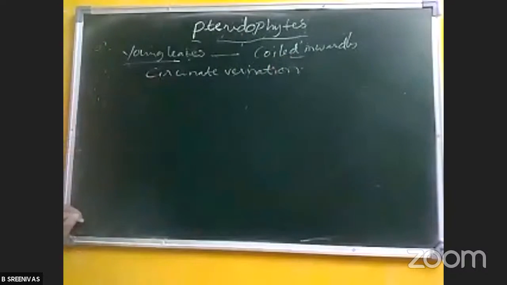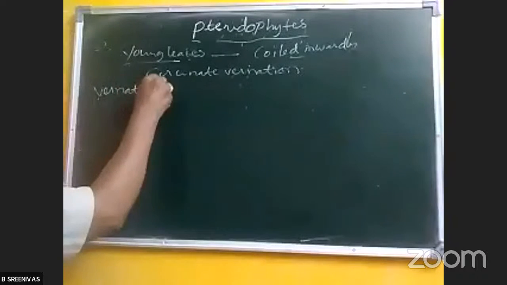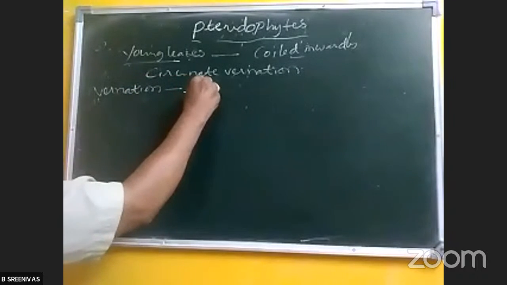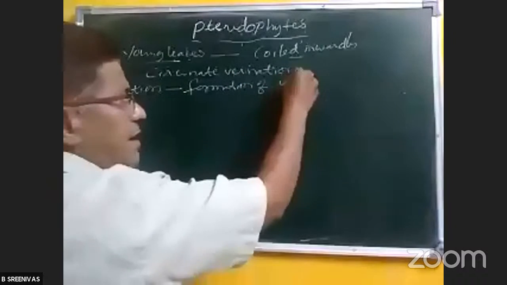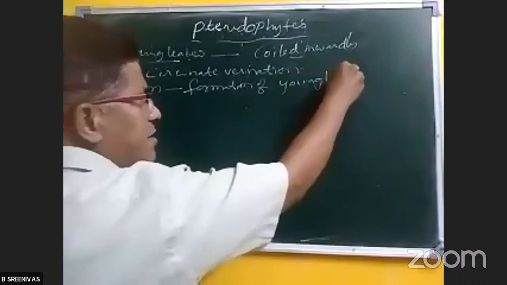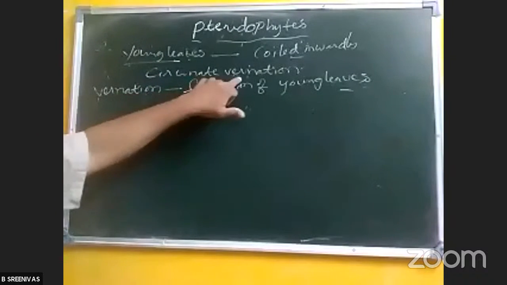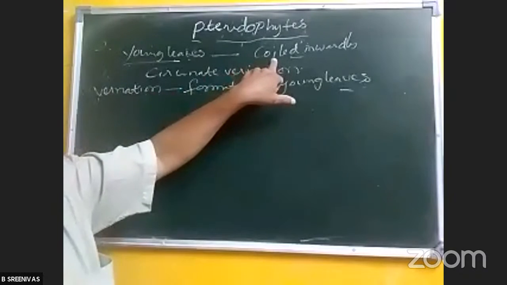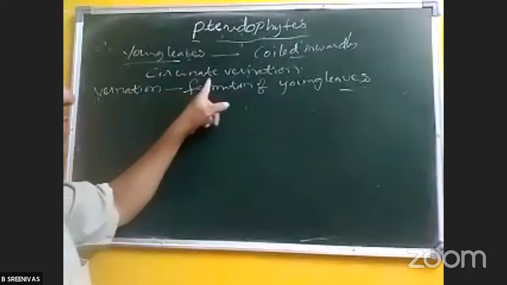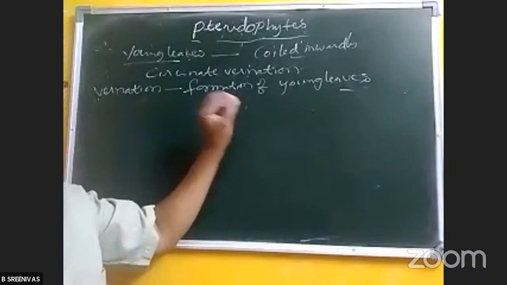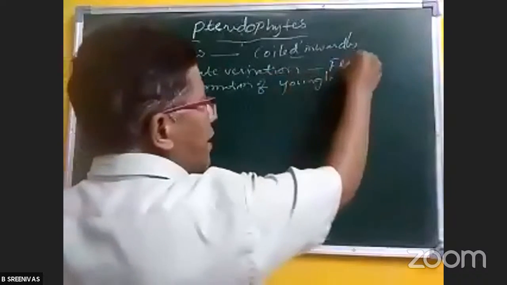Vernation actually means formation of new leaves, formation of young leaves. But circinate vernation means coiling of young leaves inwardly. So it is the main characteristic feature of the ferns.